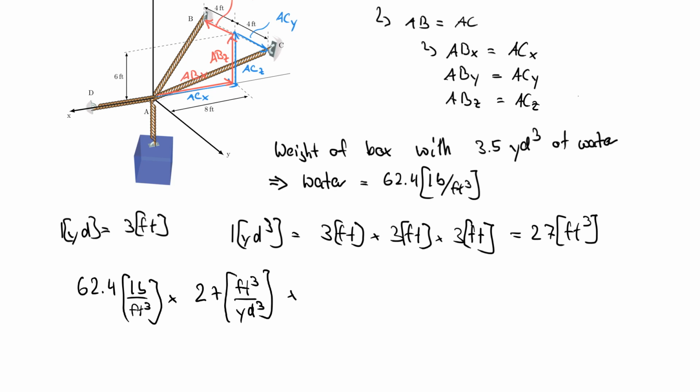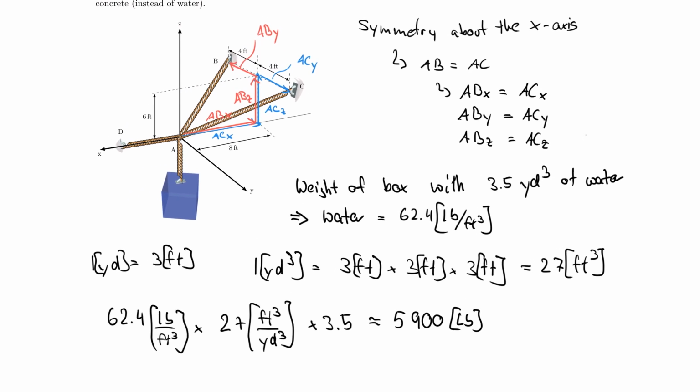And then, of course, we have to multiply it by 3.5 because that's the multiplier of the box. And what you will find is that your box actually now has a weight of 5,900 pounds, or roughly 5,900 pounds. And that I can now continue to use to find my forces.